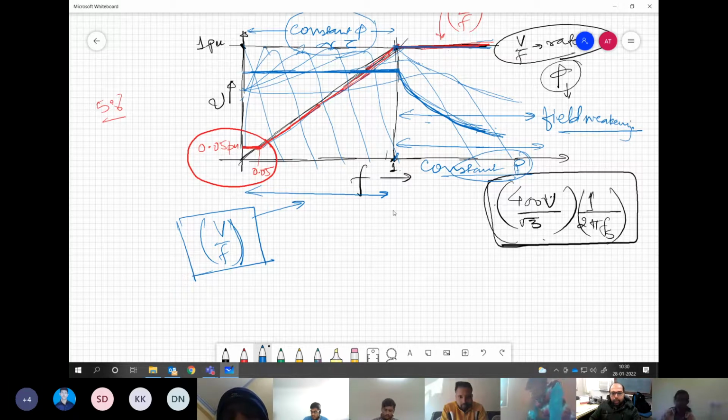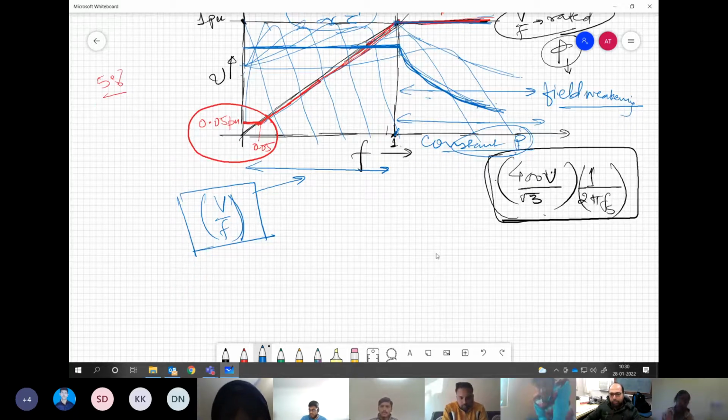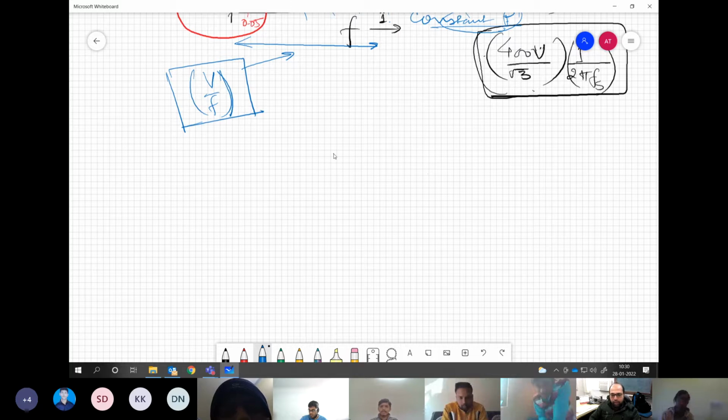Okay. So now here, when we are talking about this kind of working profile for the motor, what we basically need is that our voltage is changing and frequency is also changing continuously. So we need a power supply or some arrangement where we should be able to generate variable voltage, variable frequency. This kind of arrangement is needed.